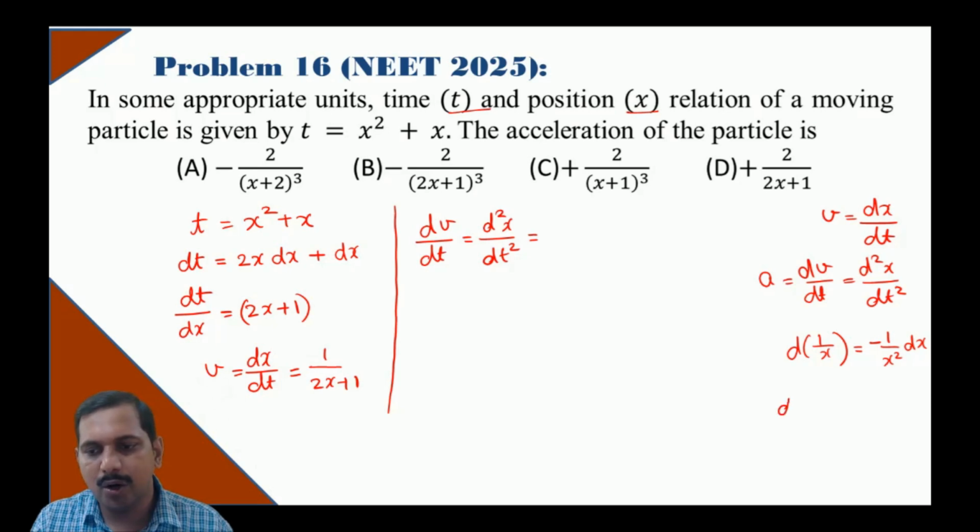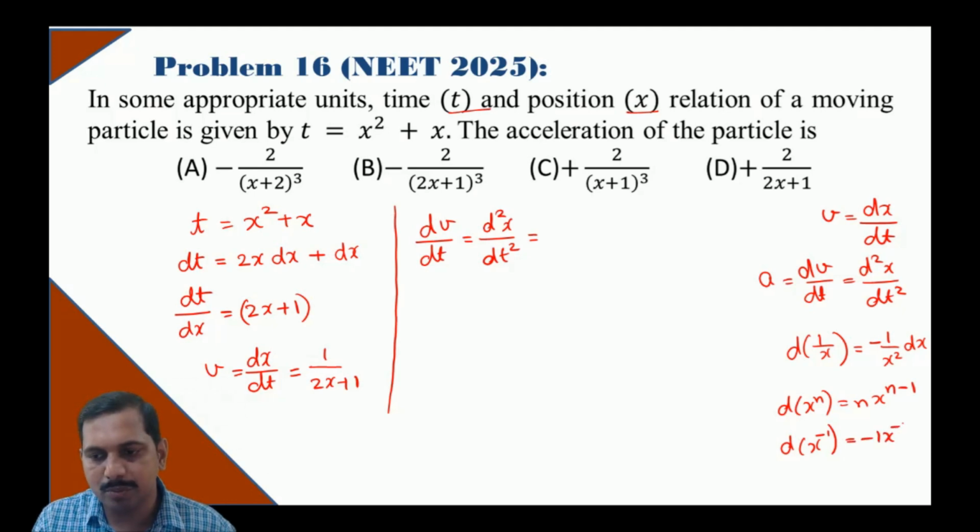It's like d of x raised to n is equal to n into x raised to n minus 1, right? So instead of 1 by x, you put x raised to minus 1. This would be minus 1 into x raised to minus 1 minus 1. That would be minus x raised to minus 2, which is minus 1 by x square, right?